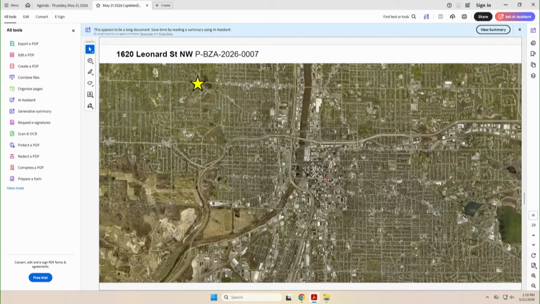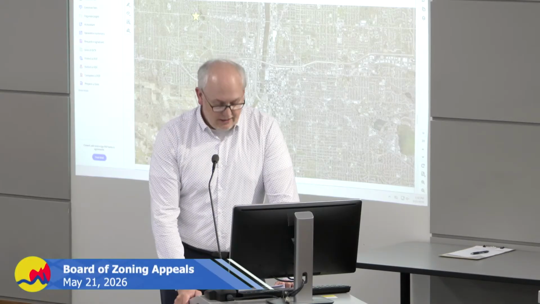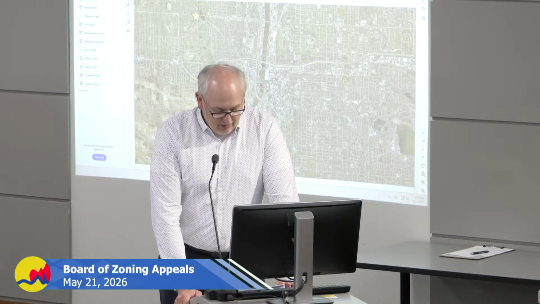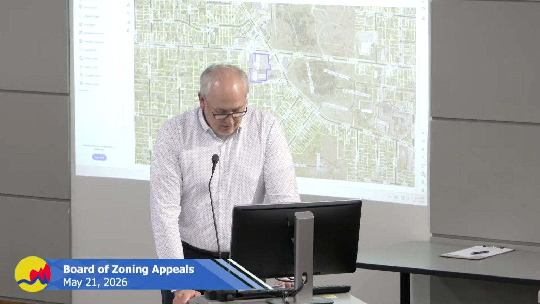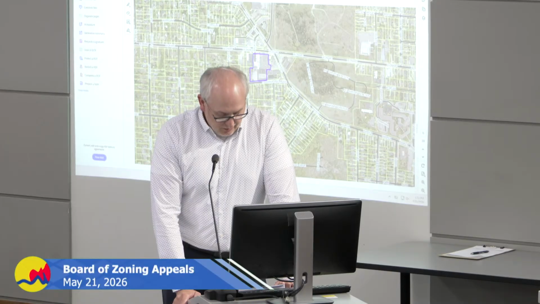As noted in the Bridge to Our Future community master plan, this area is designated as neighborhood center, the intent of which is to reinforce the pedestrian and transit friendly environment in a compact area, promoting a mix of small-scale retail, service, entertainment, civic, office, and residential uses to enhance the vitality of the surrounding neighborhoods, as shown on the screen in front of you.